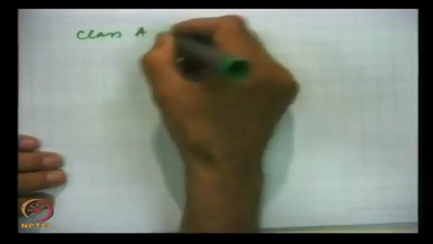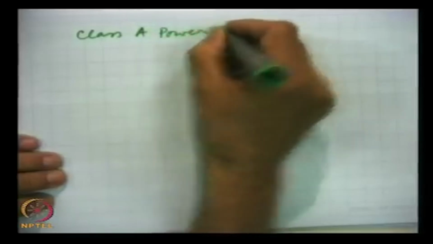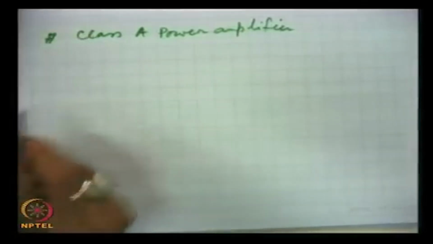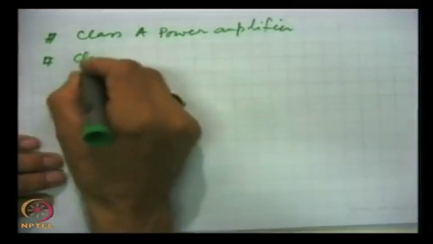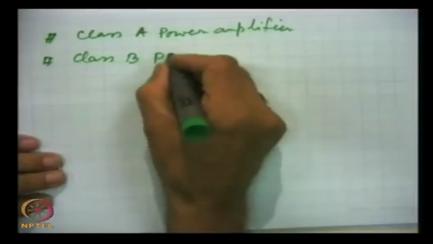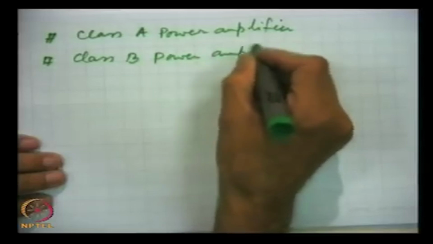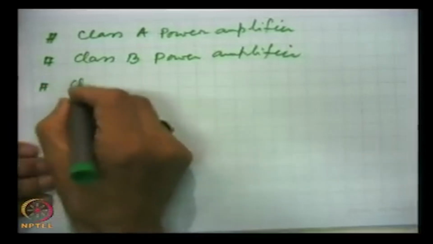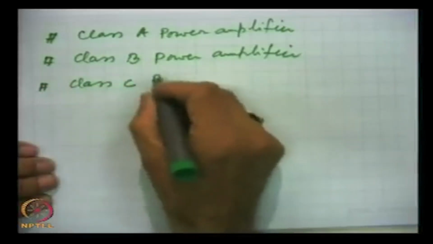We have broadly three types of power amplifiers, and these are class A power amplifier, class B power amplifier, and class C power amplifier.